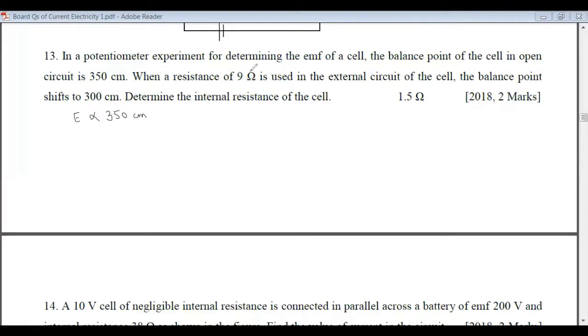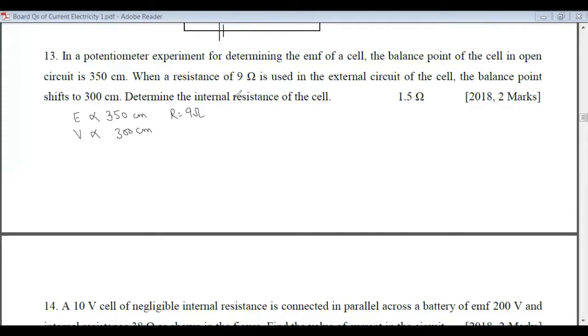So when this resistance is also there, then it is measuring the terminal potential difference of the cell, which is given as 300 centimeters. The balancing length is 300 centimeters. The resistance is 9 ohms. R is equal to 9 ohms.